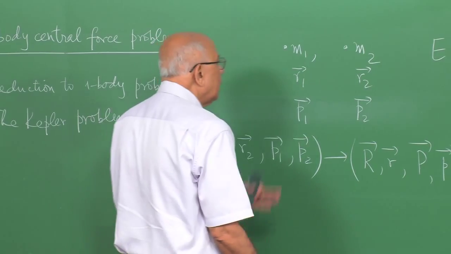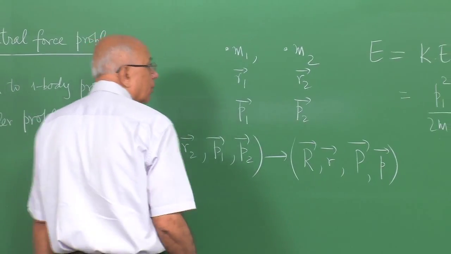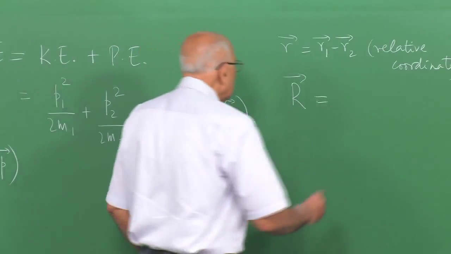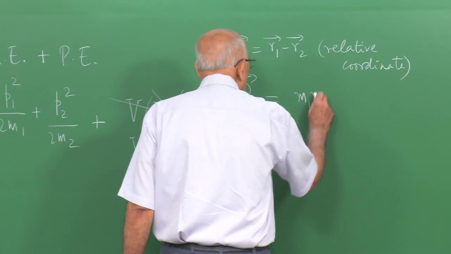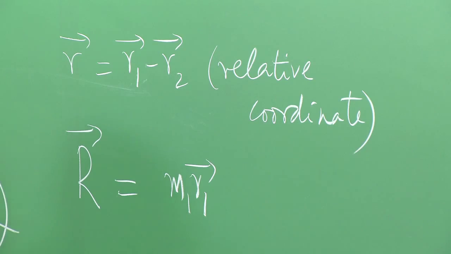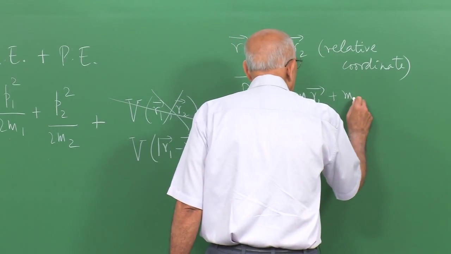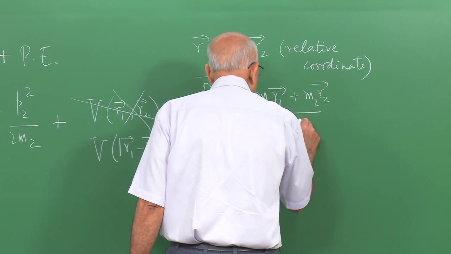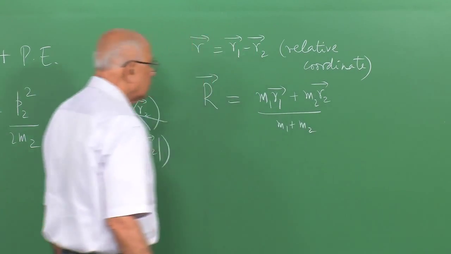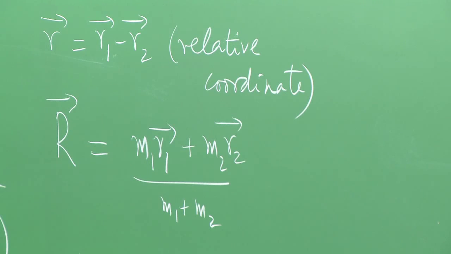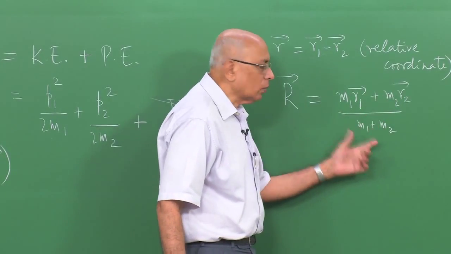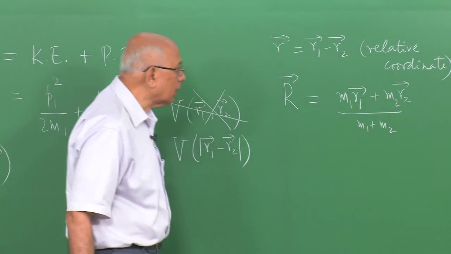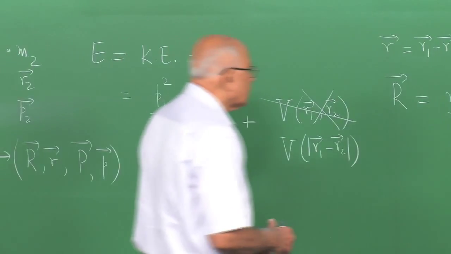So, with respect to any origin whatsoever, you define a center of mass coordinate which is m1 r1, so it is the coordinate of the first particle weighted with its mass, plus m2 r2 divided by m1 plus m2. If the two masses are equal, m1 equal to m2, then this is the halfway point, r1 plus r2 divided by 2. Otherwise, this is the general expression for the coordinate of the center of mass.